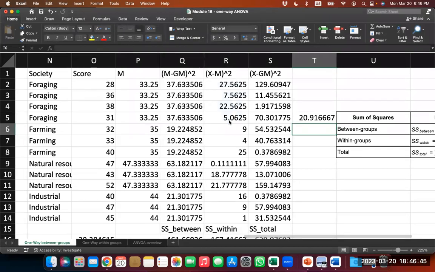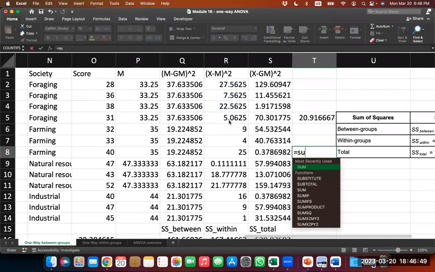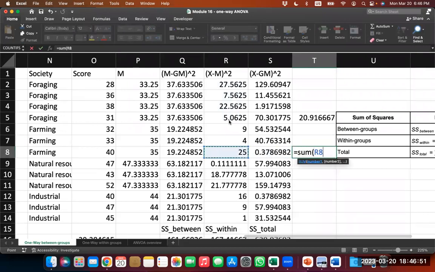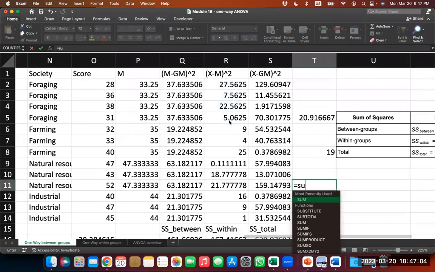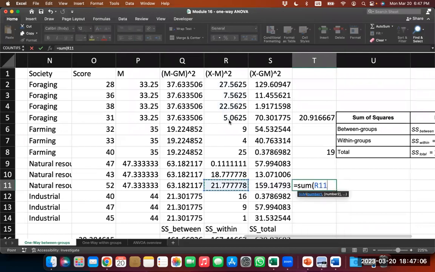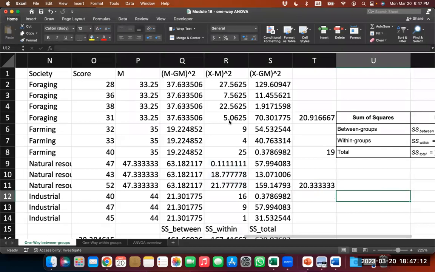That's the variance within the group. That's the within-group variance. If we do the same here with these 3 guys, dividing by the degrees of freedom, which is 3 minus 1, it's just 2, we get a variance of 19. Summing up x minus m squared divided by 3 minus 1, which is 2, the answer is 3.